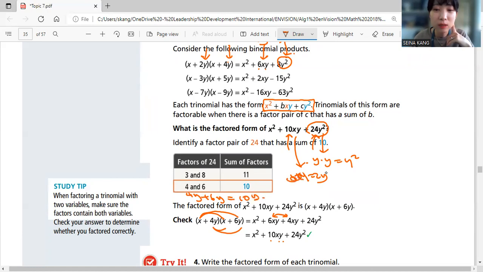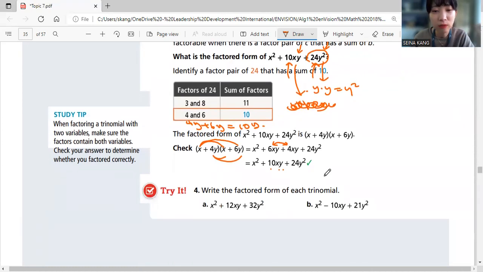So here, you're not adding 1y and 1y to get 2y, but you can look at the numbers, the coefficients in front of the variables, to figure it out as well. So you're doing the same thing. As long as you have y here and then y squared, your B and C are still going to be the numbers, okay?